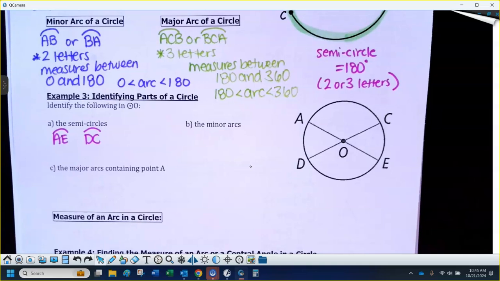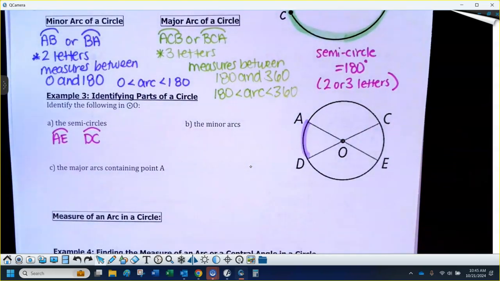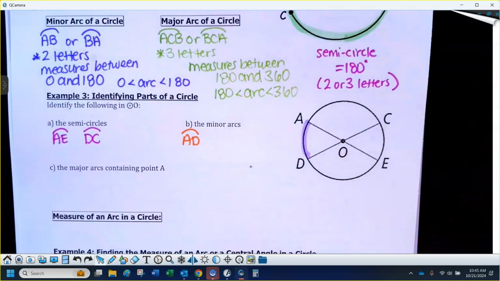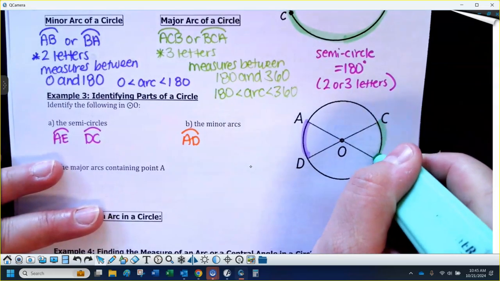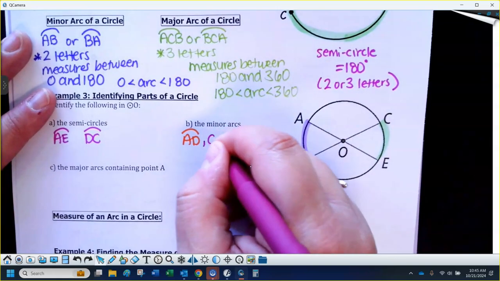Okay, now a minor arc has to be less than halfway around the circle. For example, AD. That's less than half the circle. So I could use AD as an example. I could flip that up and do DA. I could do C to E, which would be less than half of the circle. So as another example, I have CE.